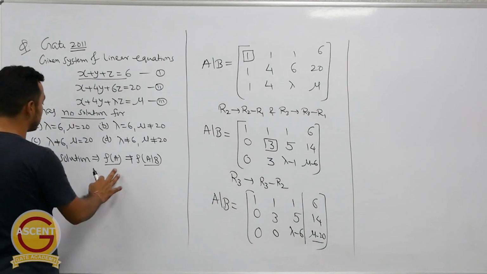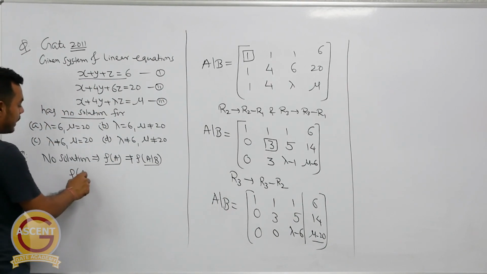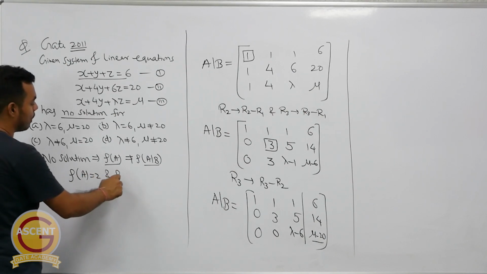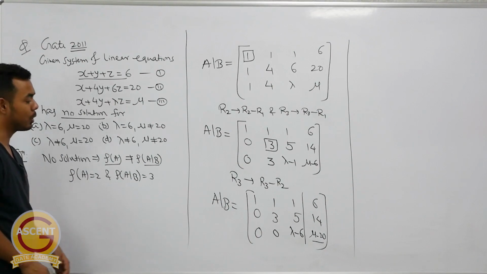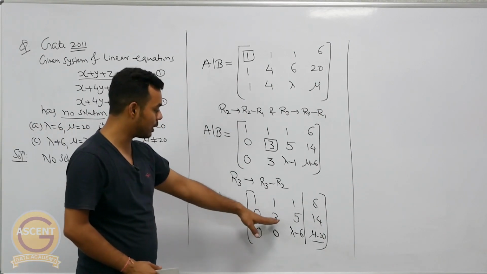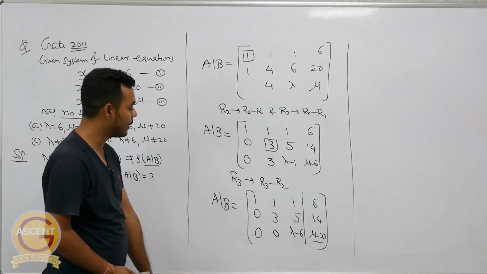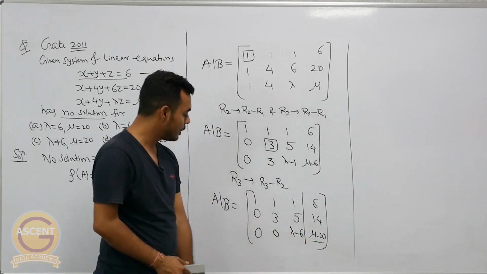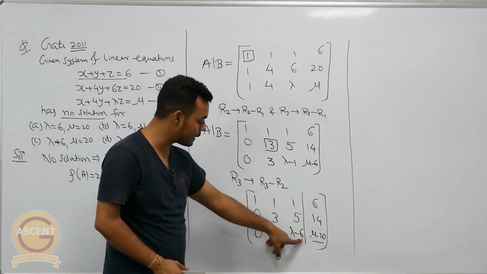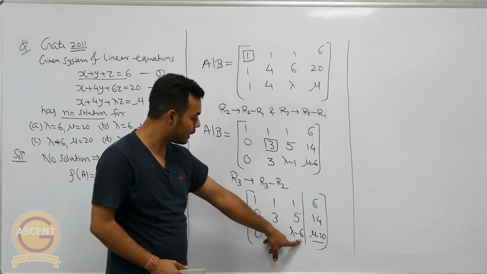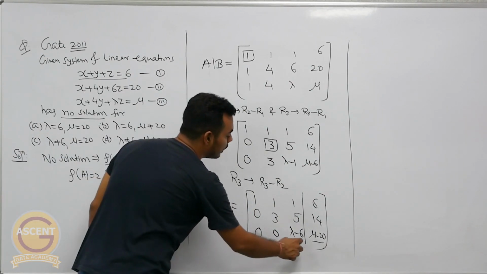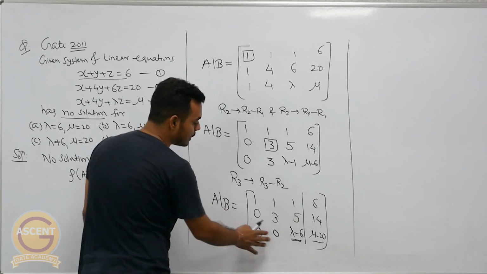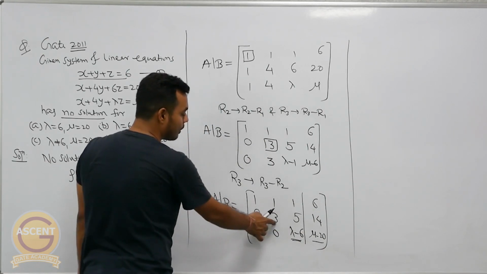So this will be possible if the rank of matrix A is 2 and the rank of augmented matrix A|B is 3. Because R2 is non-zero for both the coefficient matrix and the augmented matrix, we can play only with R3. So in R3, if I make this lambda minus 6 zero, then the rank of coefficient matrix A will be 2, because R3 will be completely 0 for the coefficient matrix.